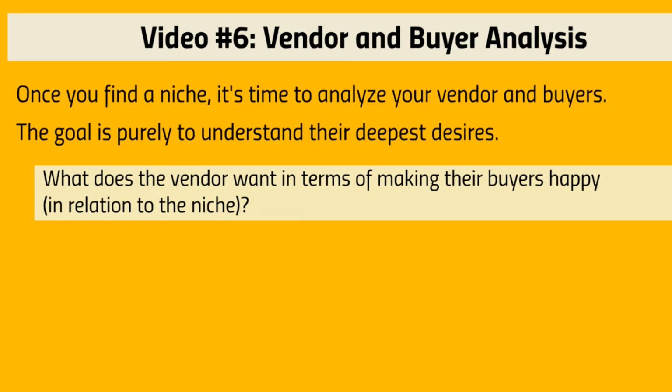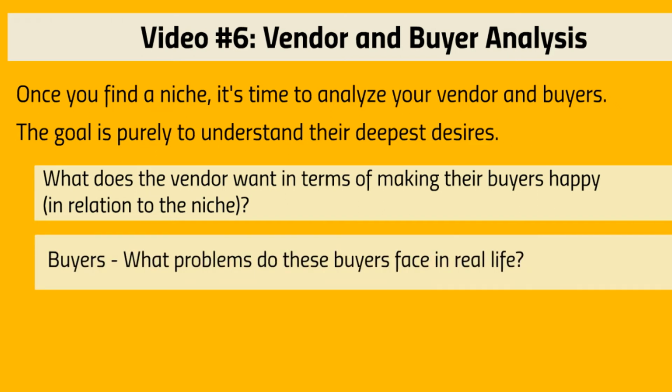I see this time and time again, for example, in joint venture marketing. People have this great product, they approach a vendor, and they hope that the vendor will say yes. But unless you really know why the vendor is going to say yes or no, then you are going to have a higher chance of no's, or if you get it right, you'll have a higher chance of them saying yes, or highly likely.